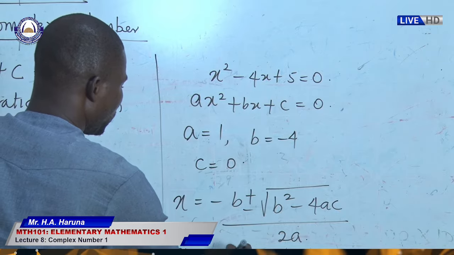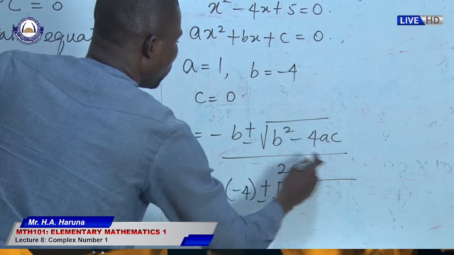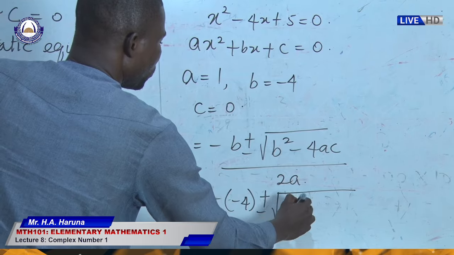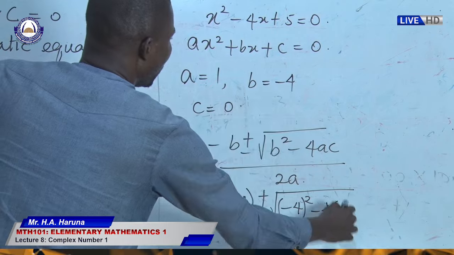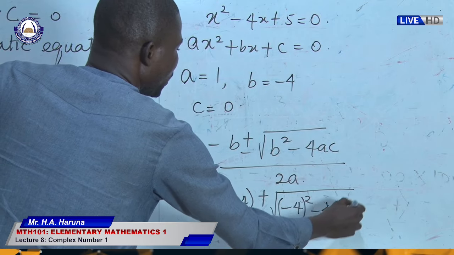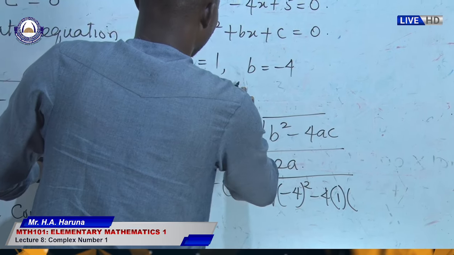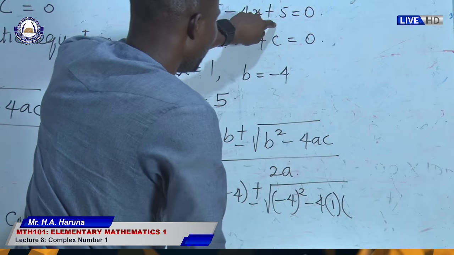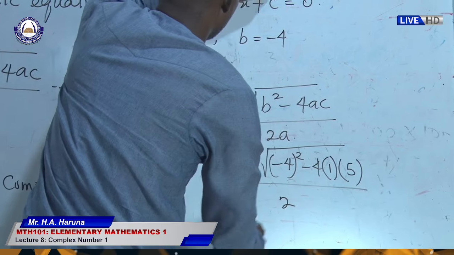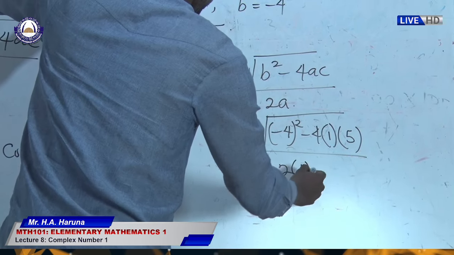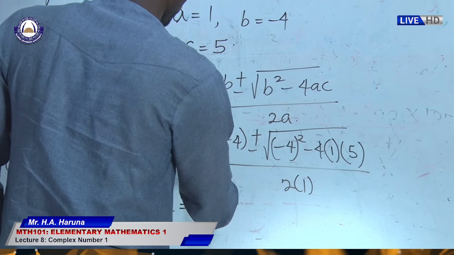So you have minus of minus 4, plus or minus the square root of minus 4 squared minus 4 times, what is our a? 1. And what is our c? Sorry, our c is 5. That's a mistake. So over 2 times, what is our a? 1. Okay, let's solve this.